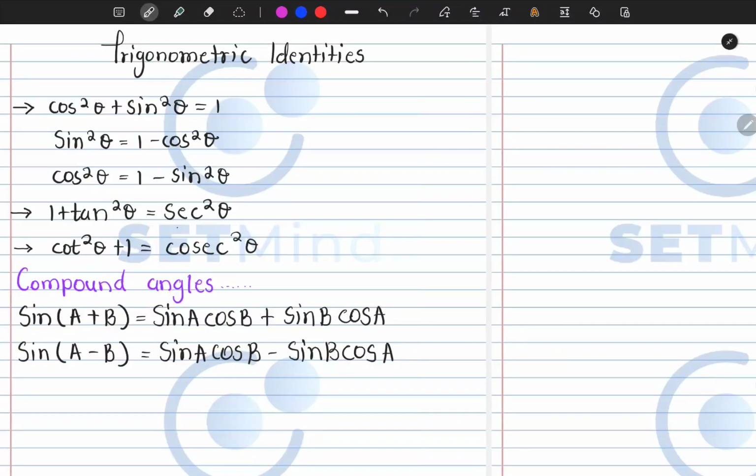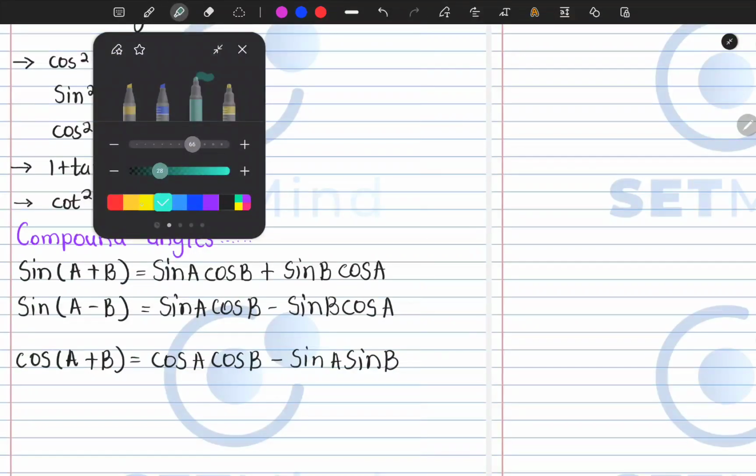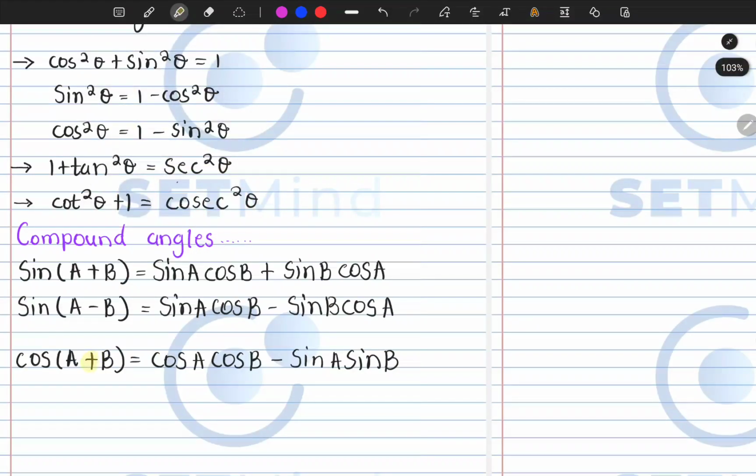These are for sine. Then let's have a look at what is going on for cos. If we have cos of A plus B, this will be equal to cos of A cos of B minus sine of A sine of B. What is very important to take note of, which you can easily forget, is the signs.